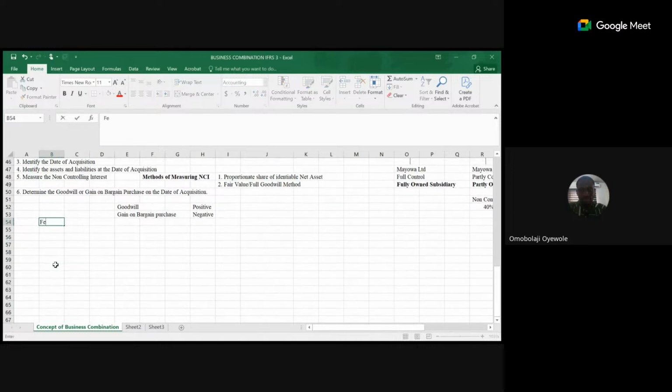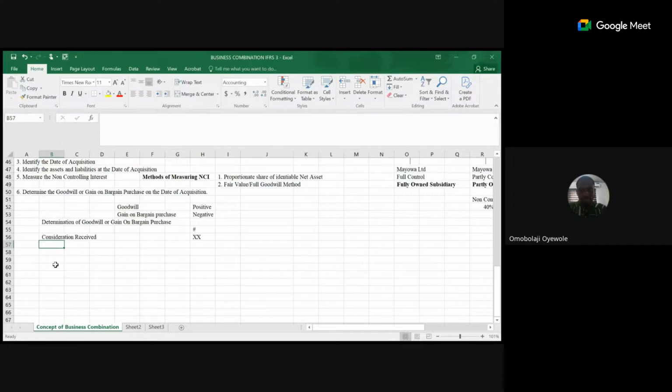Okay, look at it. Determination of goodwill or gain on bargain purchase. So how do we get that done? The first thing is the consideration received, which is the amount that was paid. Now, remember, how many parties are buying the company together?